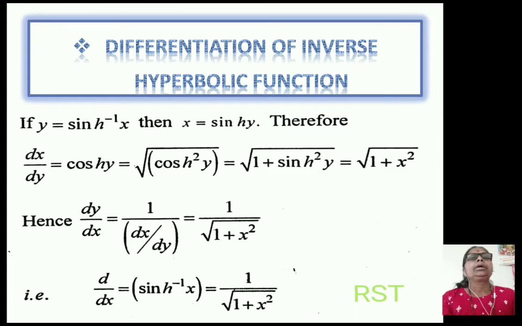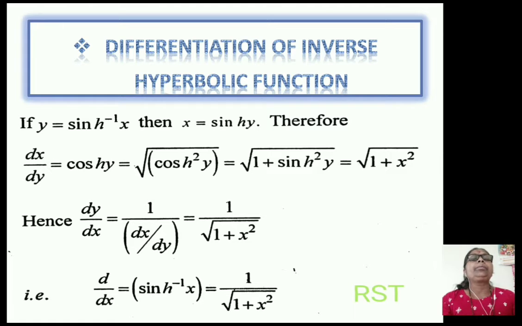Therefore, dx by dy equal to the derivative of sinh y with respect to y, which is cosh y, which can be written as square root of cosh square y, which is equal to square root of 1 plus sinh square y, which is equal to square root of 1 plus x square, since x equal to sinh y.